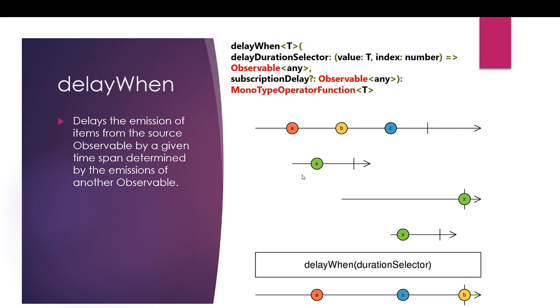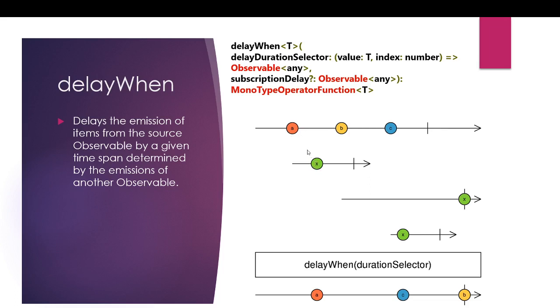As opposed to delay, where all the numbers emitted from the source are delayed by the exact same amount, delayWhen is useful when you want a different amount of delay for each individual emitted value, right? So here you can see in the marble diagram, a is emitted and then after that x is emitted over here.